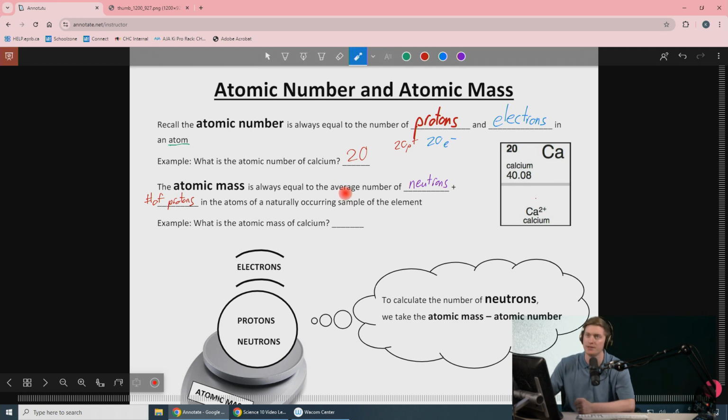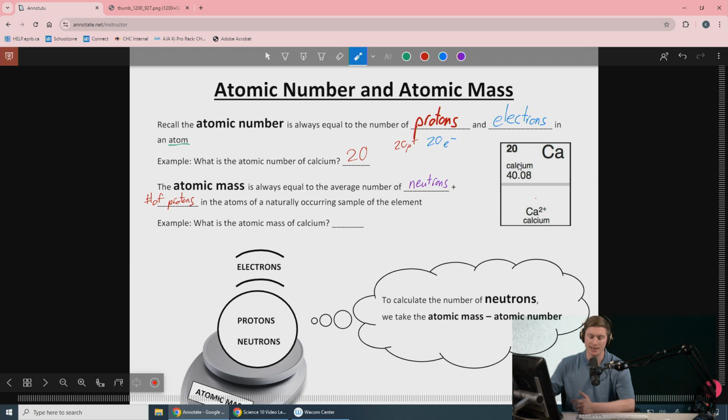Something I want to focus on here briefly is that this average number only applies to the neutrons. There is no such thing as an average number of protons because calcium is defined as having exactly 20 protons. So if you were to change this number, it's no longer calcium. However, the number of neutrons could change for calcium between 20 and 21.